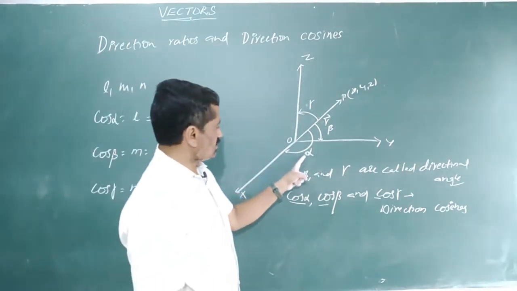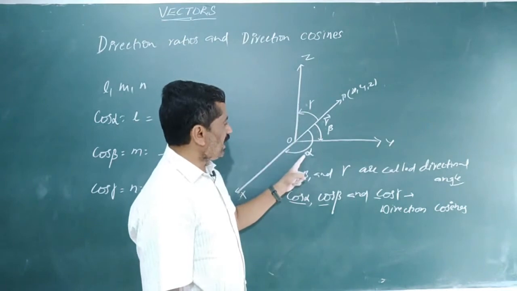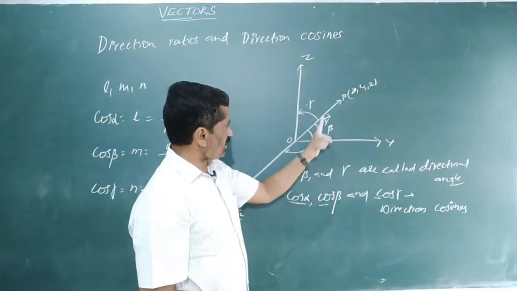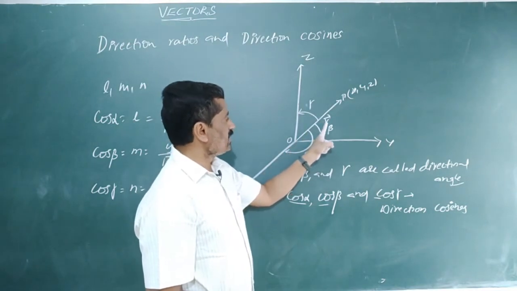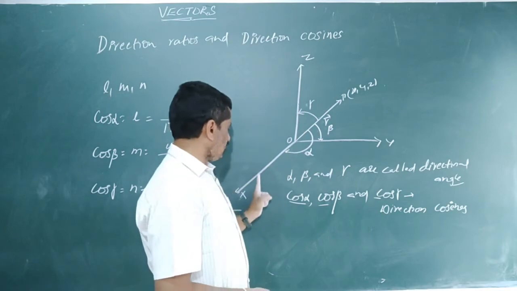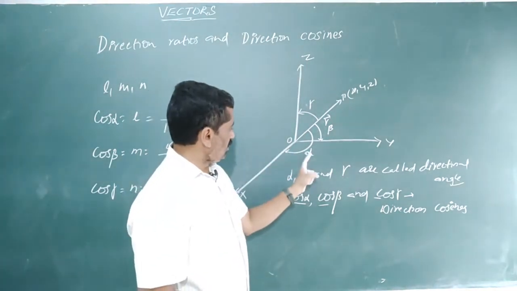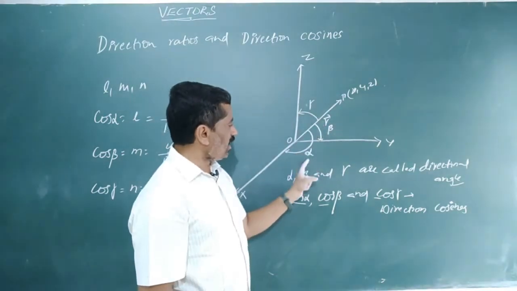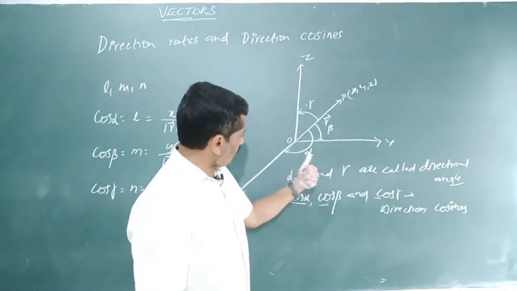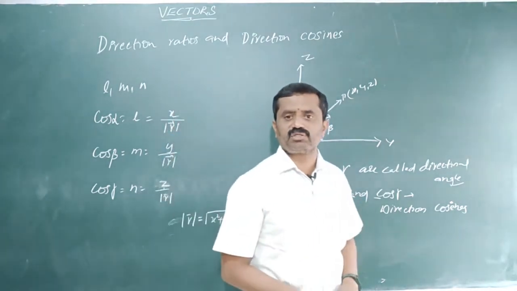If alpha, beta, gamma are the angles made by the vector r bar in the positive directions of the x-axis, y-axis, z-axis respectively, then alpha, beta, gamma are called directional angles, and cos alpha, cos beta, cos gamma are called direction cosines.